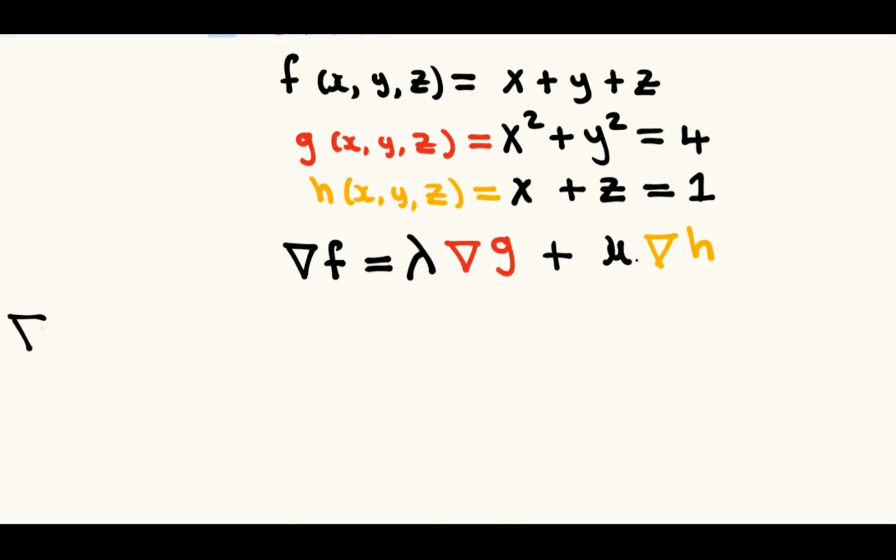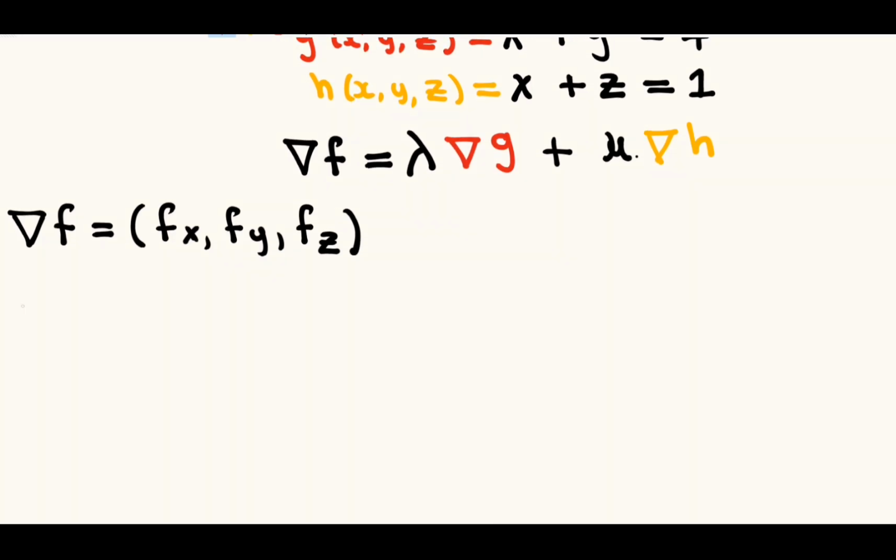Delta f will be defined as the partial derivative of f with respect to x, the partial derivative of f with respect to y, the partial derivative of f with respect to z, and delta g will be equal to the partial derivative of g with respect to x, the partial derivative of g with respect to y, the partial derivative of g with respect to z.